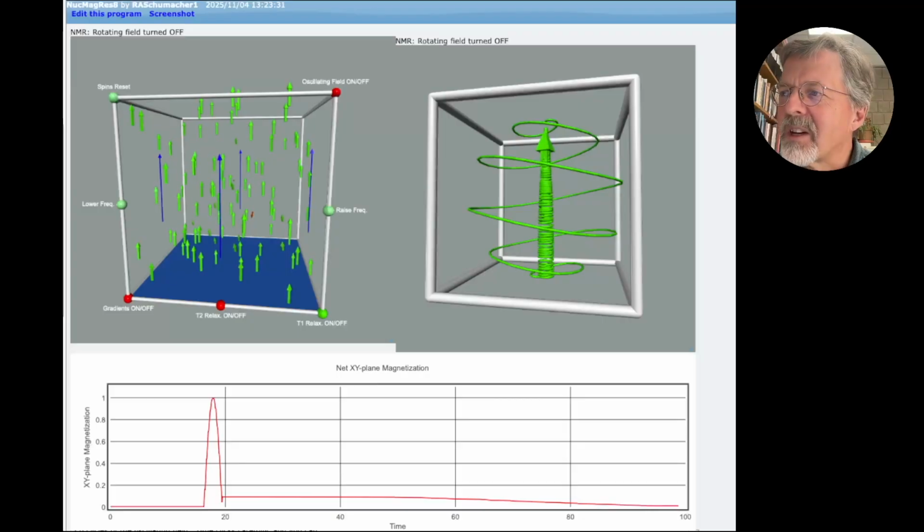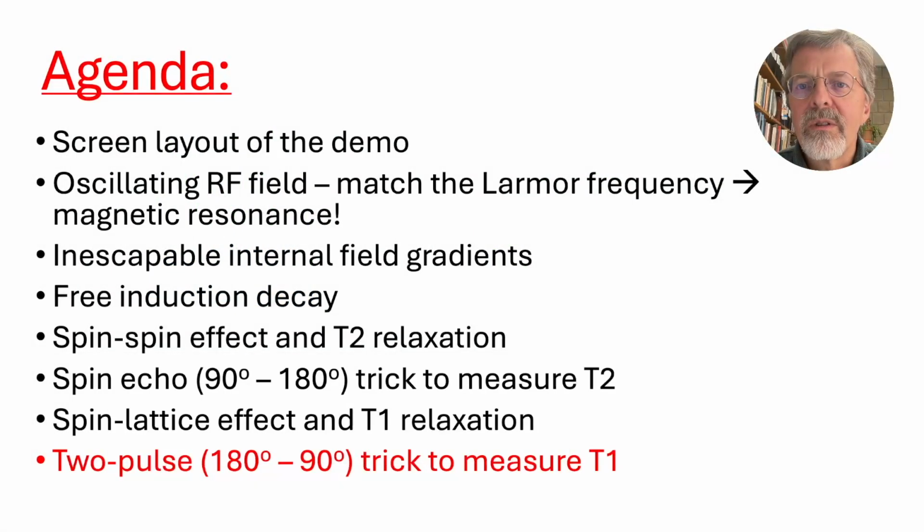So there's actually no measurement to be made here yet, so we have to do something, and that's the next trick that we're going to learn. So the relevant trick here is that we're going to again apply some pulses. The first pulse that we apply will be the 180 degree pulse that turns the spins over with respect to the external field.